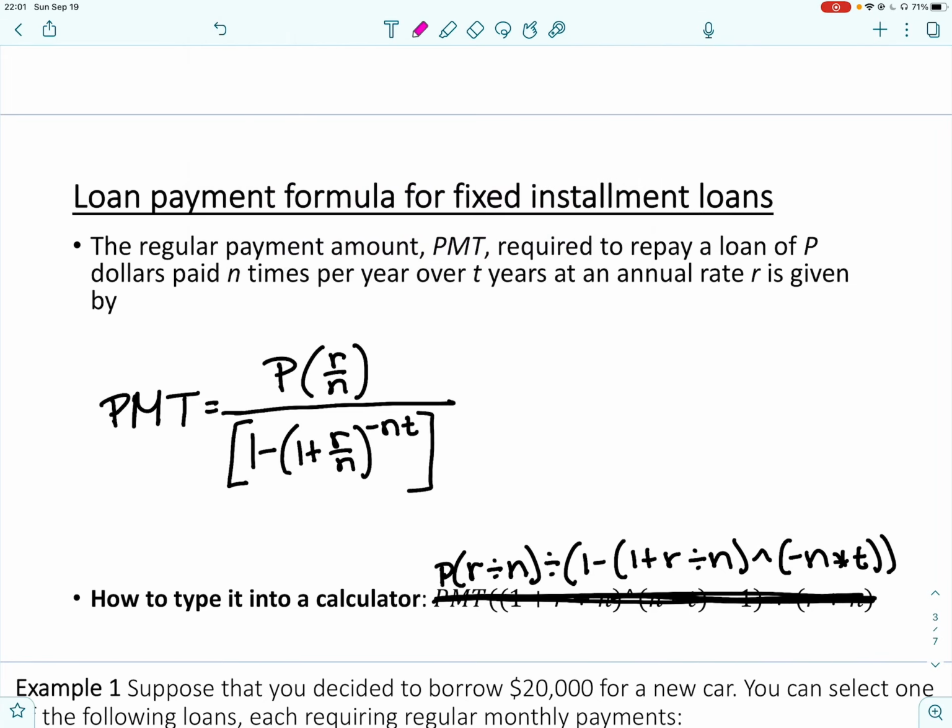So to remind ourselves, P is going to be our principal. It's also going to be known as the loan amount. R is the interest rate of our loan. N is the number of payments per year.